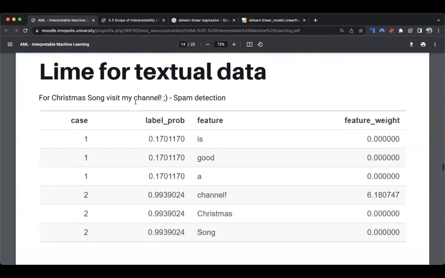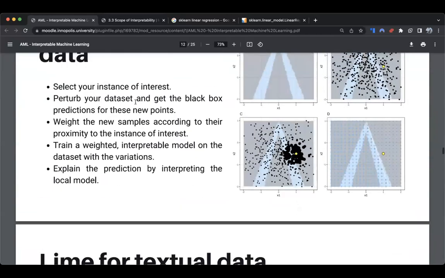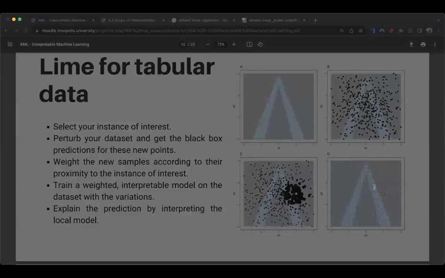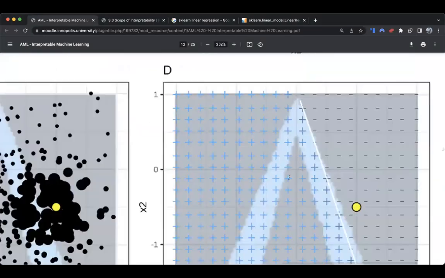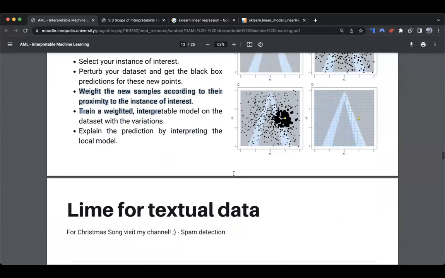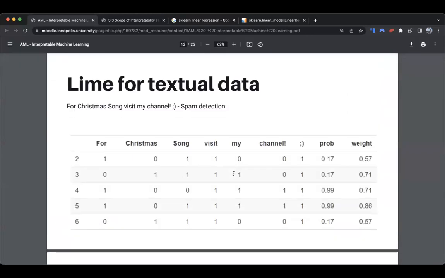It's very slow because, of course, for each one of these black points, we will have to give it a class, whether it's positive or negative. We will have to send it through the model. So we will randomly generate a new data set. This is pretty easy because random generation is very fast.